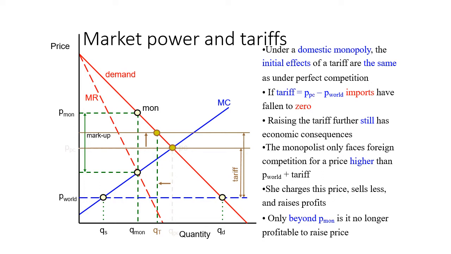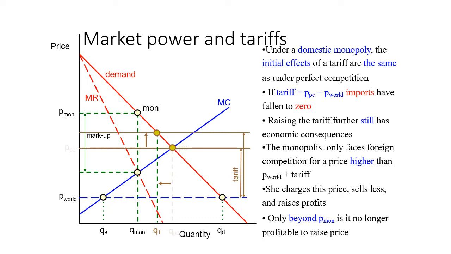Let me say that again. The maximum tariff that can be put in place where a monopoly still has power, where it still has incentive to make profit, is where the tariff is equal to the difference between the price of the monopoly and the price of the world.